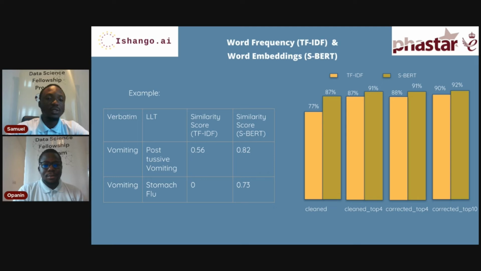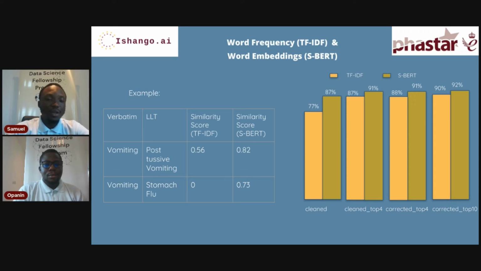Word frequencies use words that are the same or similar in both terms and try to determine some similarity between them. So we can see that for vomiting and positive vomiting, the word frequency, or TF-IDF in this case, is finding some similarity between them. But we realized that the SBERT is able to find a higher similarity because it is able to calculate a much higher semantic similarity between the two terms.